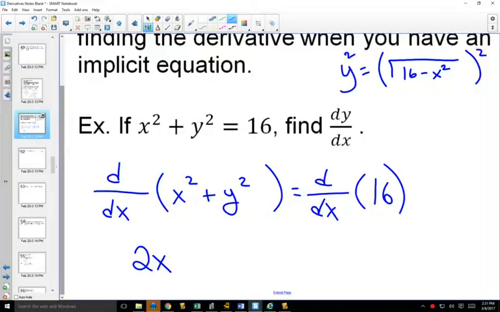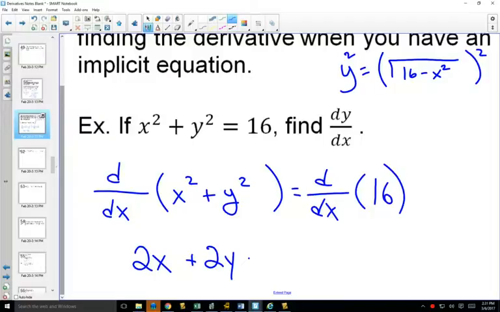If we did a chain rule, the outside function would be the squared. What would we do? We'd bring the 2 out in front, subtract 1 from the exponent, so you get 2y to the 1. And then after we do that, we'd have to multiply by the derivative of the inside function. Now, the inside function is y.